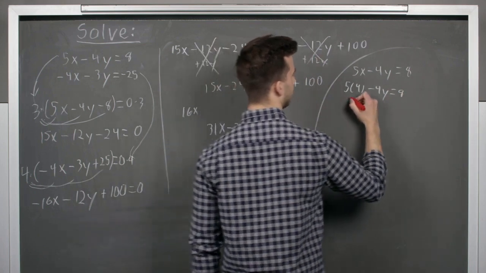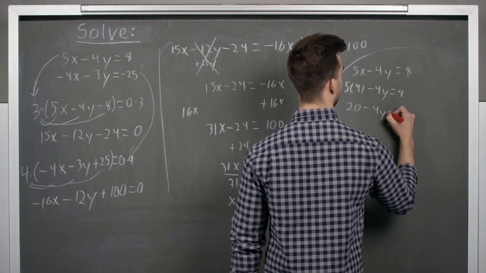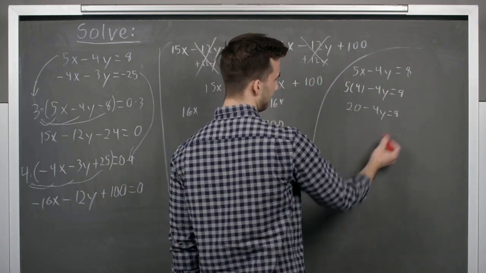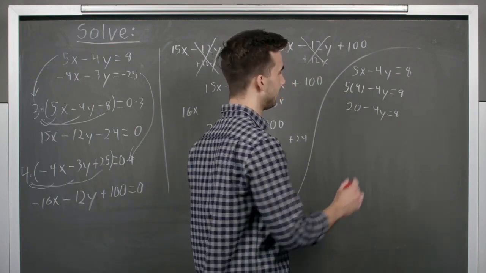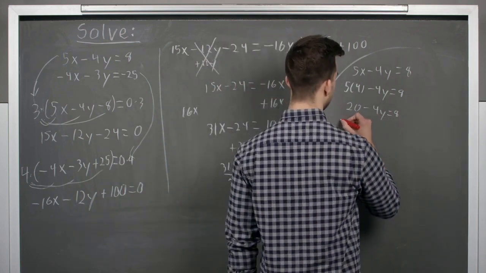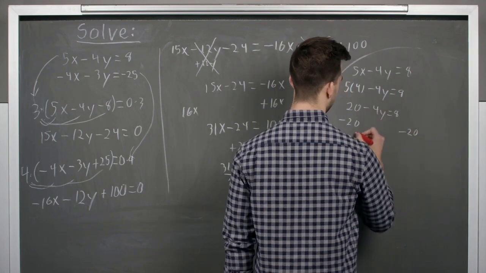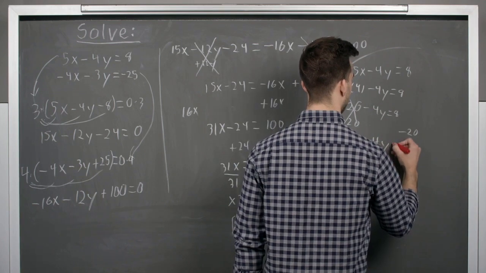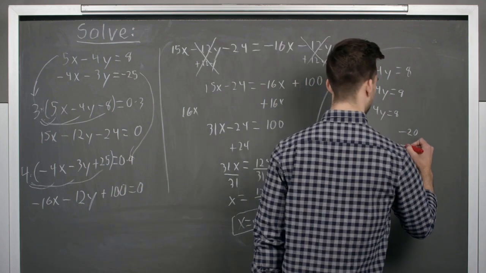And we can simplify that. 20 minus 4y equal to 8. So let's move the 20 to the other side of the equal sign so we can get y by itself. So subtract 20 from both sides, and that gives us just negative 4y equal to 8 minus 20 is negative 12.